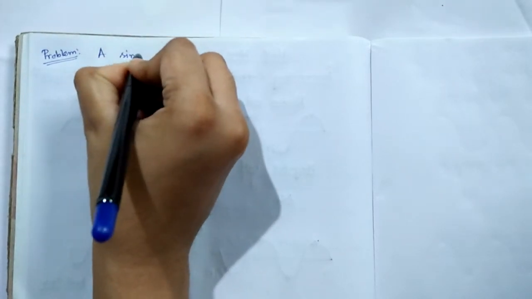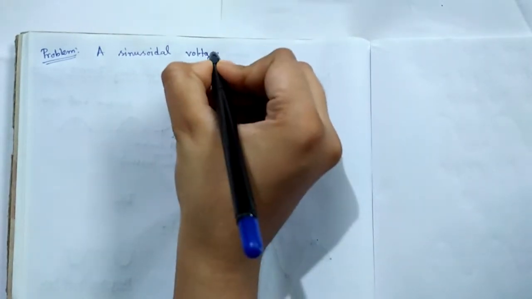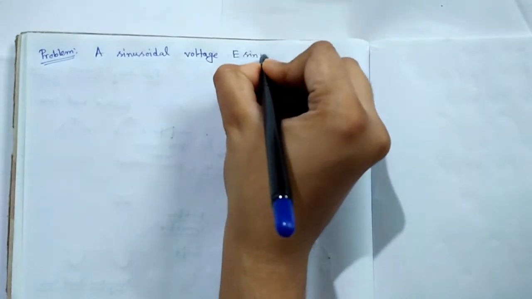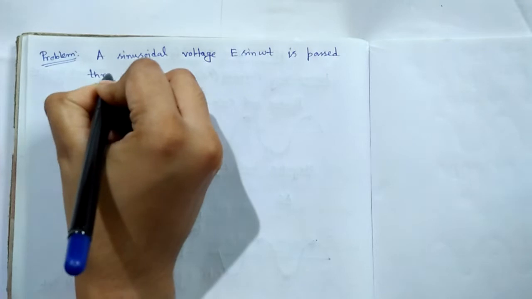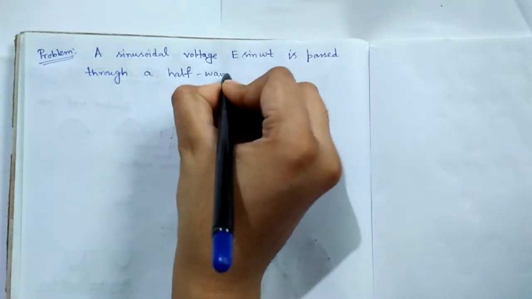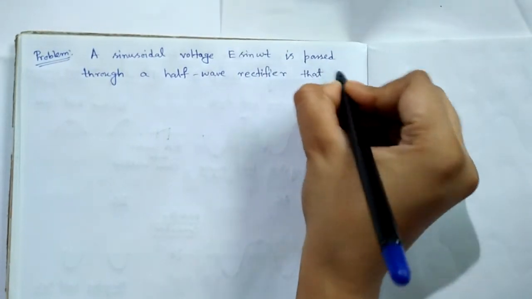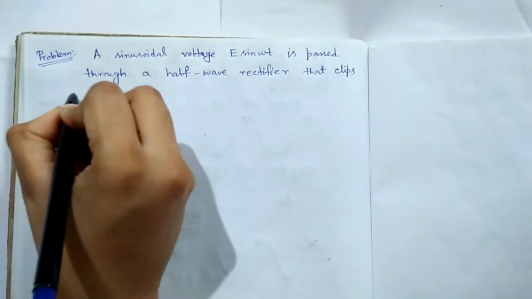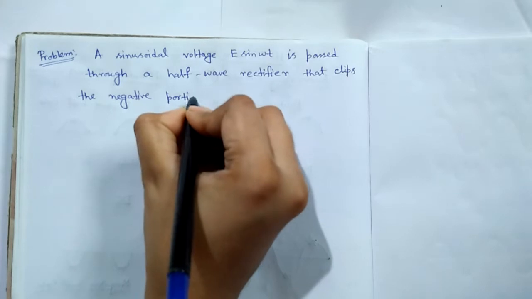So, problem. A sinusoidal voltage E sin omega t is passed through a half-wave rectifier that clips the negative portion of the wave.